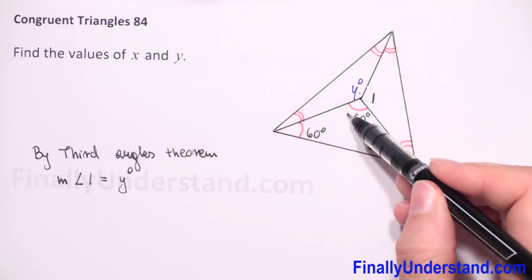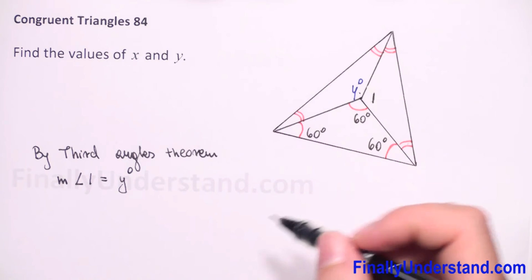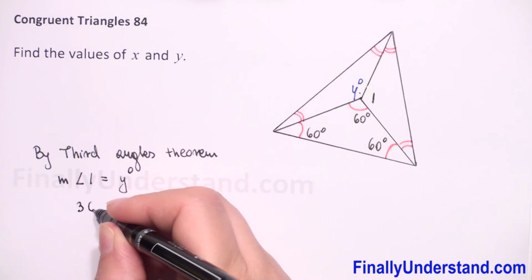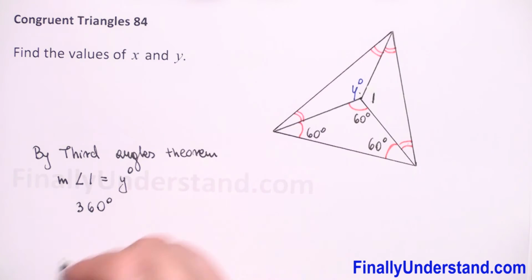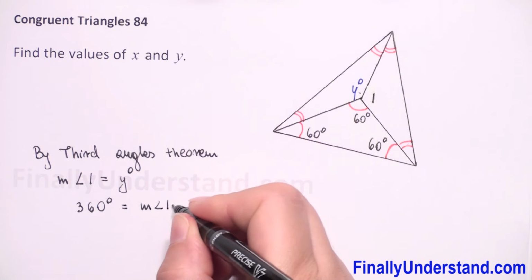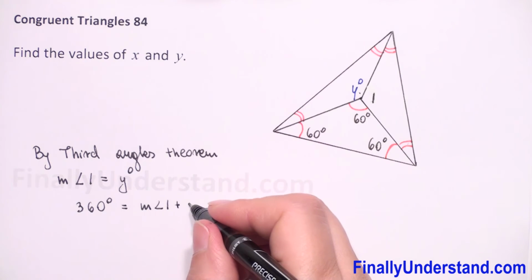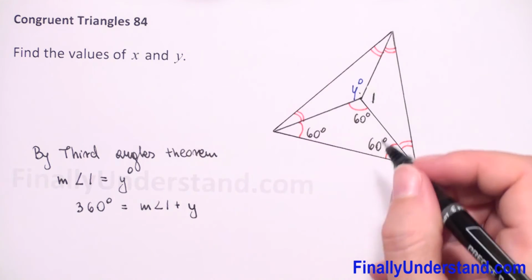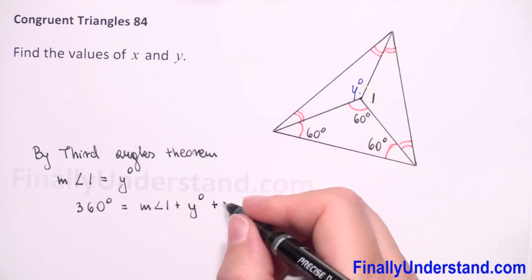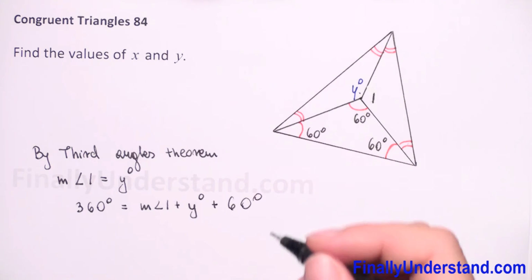Because we have here a full angle, and we know that a full angle has 360 degrees, and this is equal to measure of angle 1 plus y degrees plus 60 degrees.